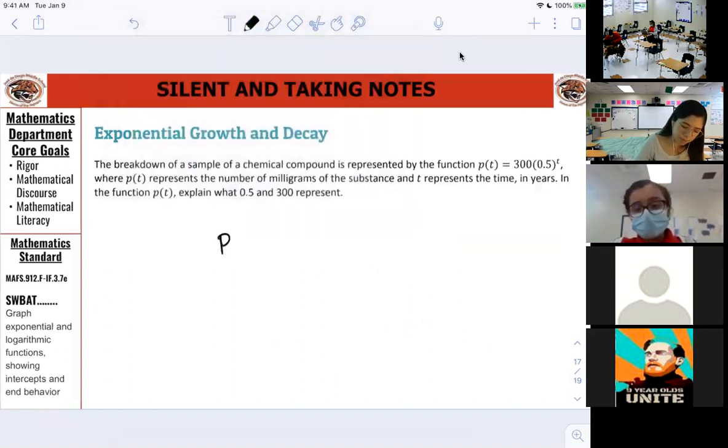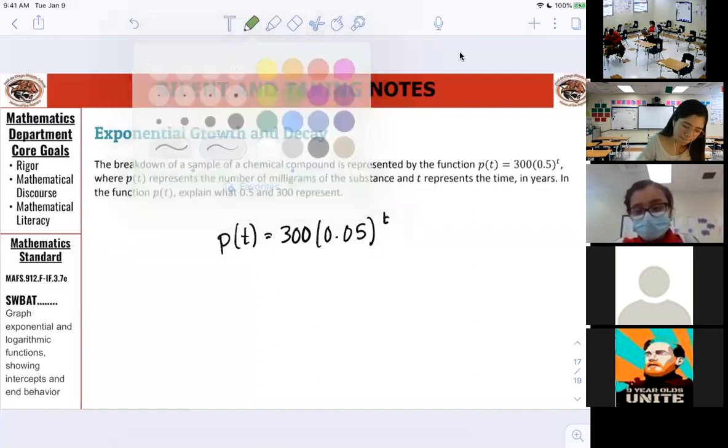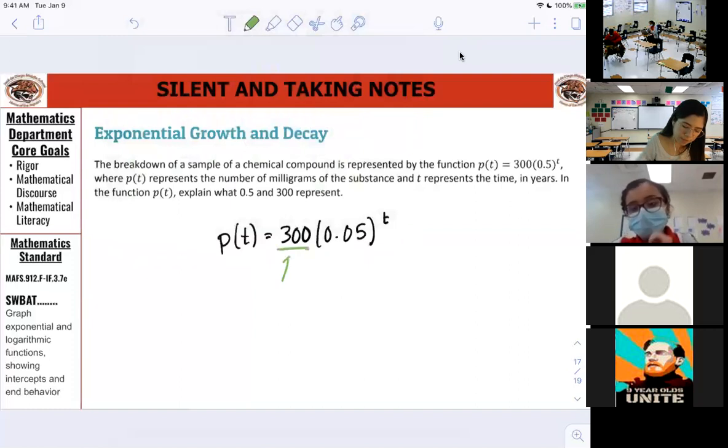So let's talk about it. So 300 is A. Right. And what does A represent? The starting thing. And what are we talking about here?